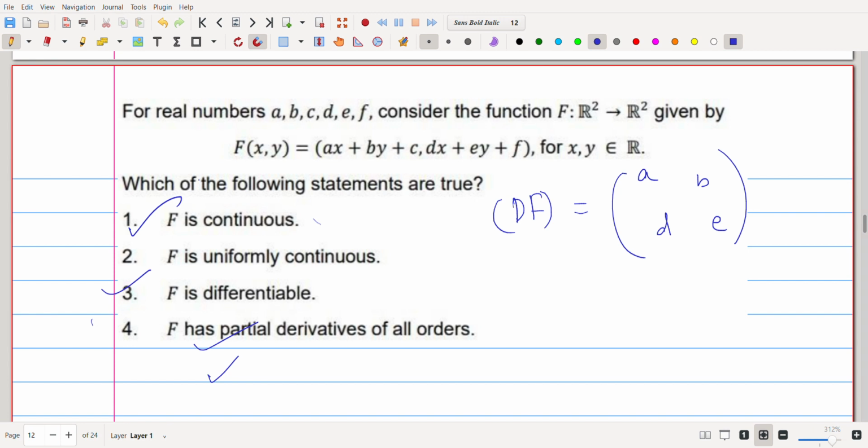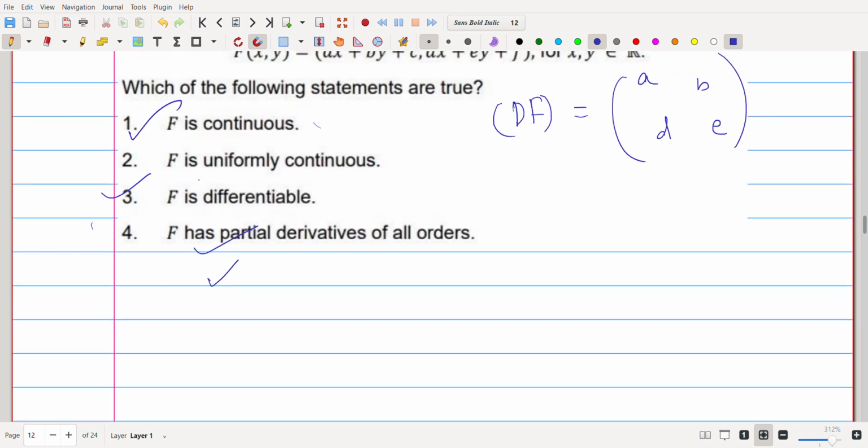Now some students have doubt whether f is uniformly continuous or not. You don't need to think about it very much, just go by the definition. If I need to show f is uniformly continuous, what do I need to show?